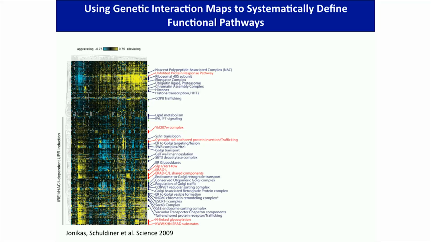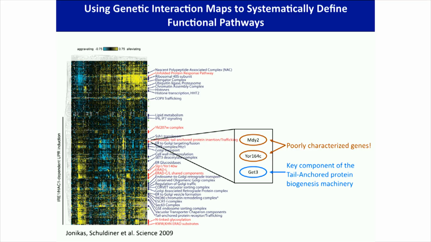And what was nice about this map and other maps by various groups is that in addition to making these tight associations, these similar patterns of genetic interactions between proteins whose function we knew, there were also many examples where there would be a tight correlation between the genetic interaction patterns of completely unknown genes, or in this case, of 3 genes, one of which we knew exactly what it did.